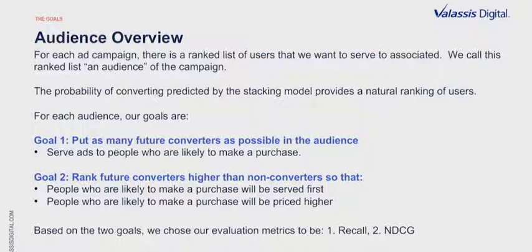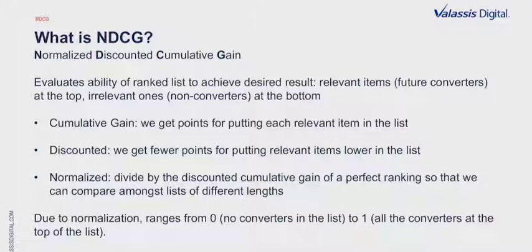The first one is recall, pertaining to the first goal. The second one is NDCG, which stands for normalized discounted cumulative gain. This is a popular metric in information theory that evaluates the quality of a ranked list of documents. It evaluates the ability of a ranked list to put relevant items at the top and irrelevant ones at the bottom.